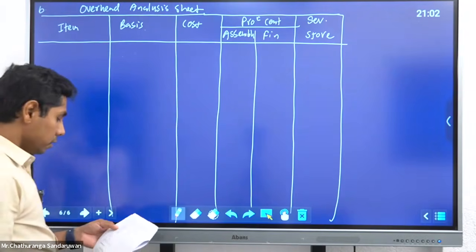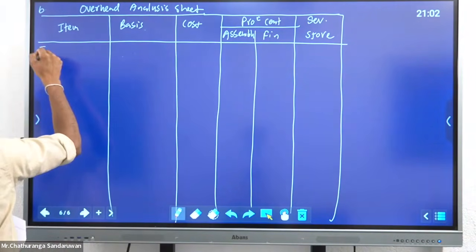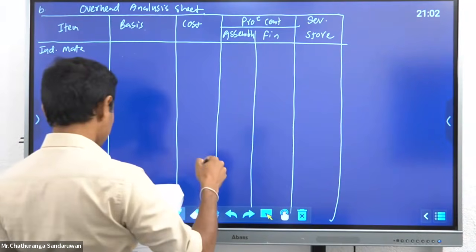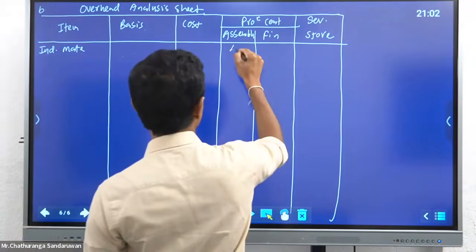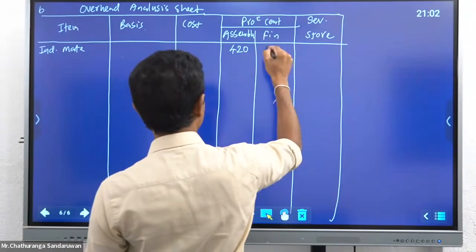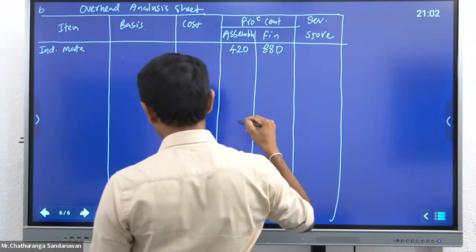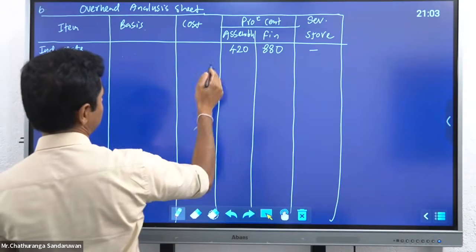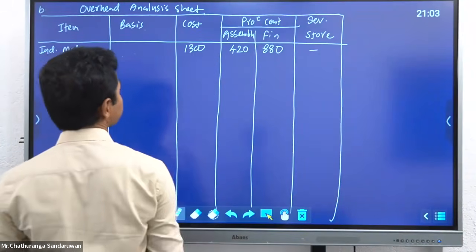We have been given the indirect materials, assembly 420, finishing 880, and nothing for stores. So total is 1300, right?